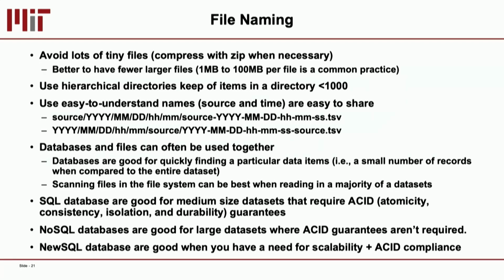We just create a hierarchical directory here, which begins with source, and then we have the years, the months, the days, the hours, the minutes, however far you need to go to hit your 1,000 files per folder window. And then we repeat all that name within the file name itself so that if the file ever gets separated from its directory structure, you still have that information.